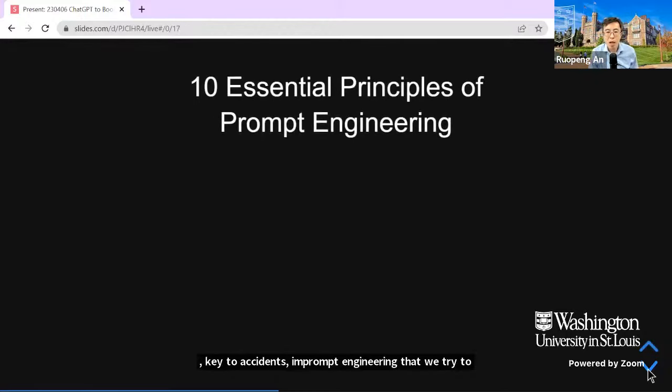Now let's talk about the 10 essential principles of prompt engineering. As you see here, unlike other tutorials that give you a lot of templates, a lot of keywords or phrases, I use none of them, because I don't believe there's a single best way to communicate with ChatGPT. There's just no single best way.